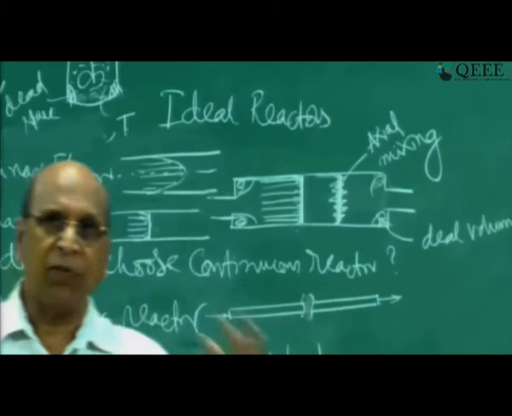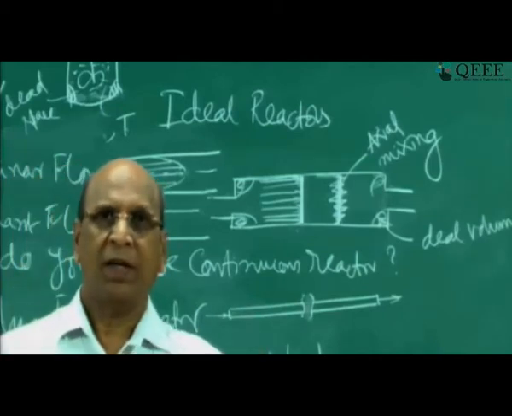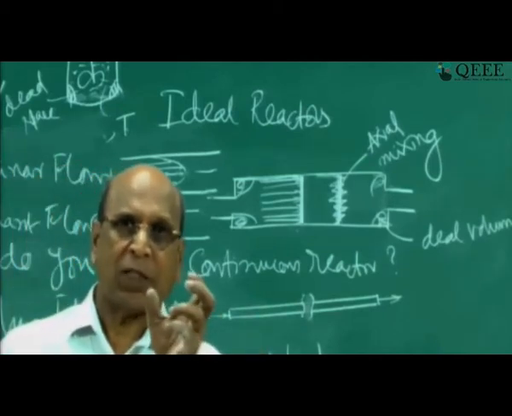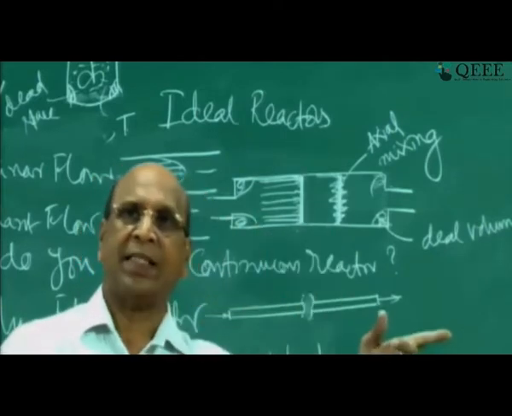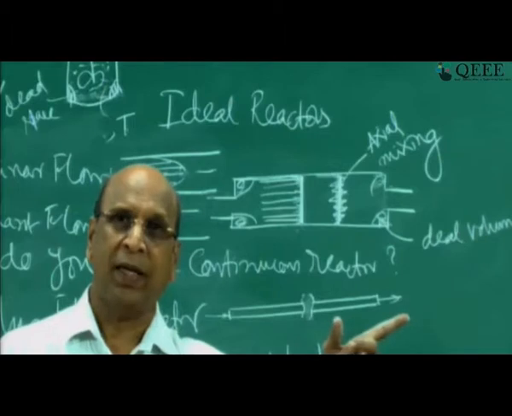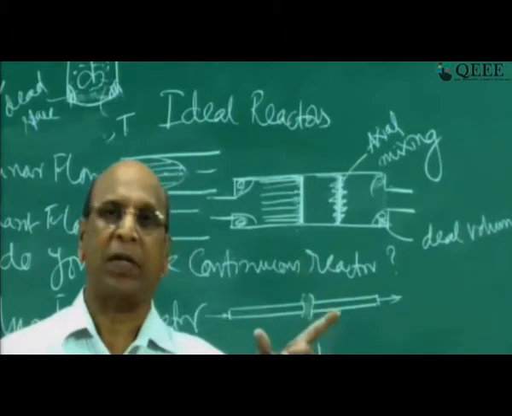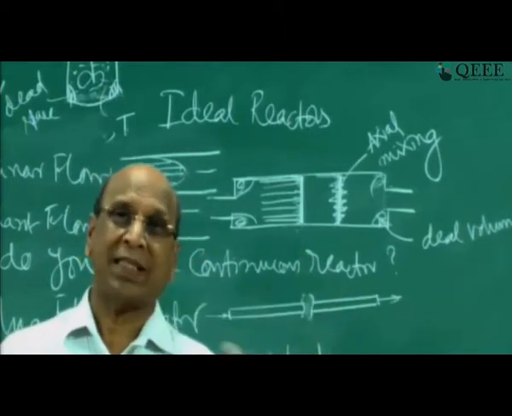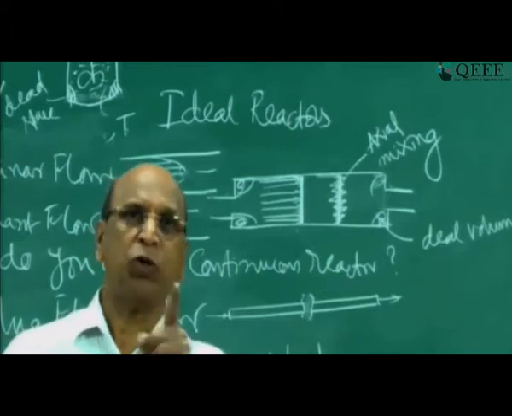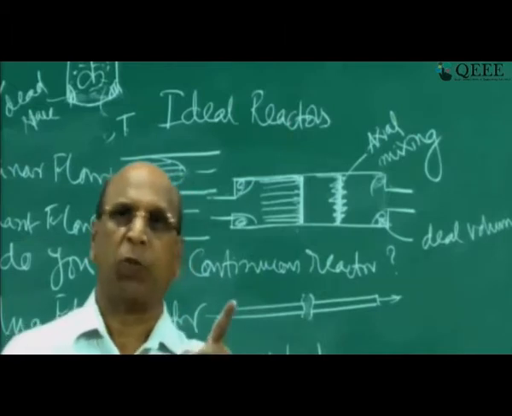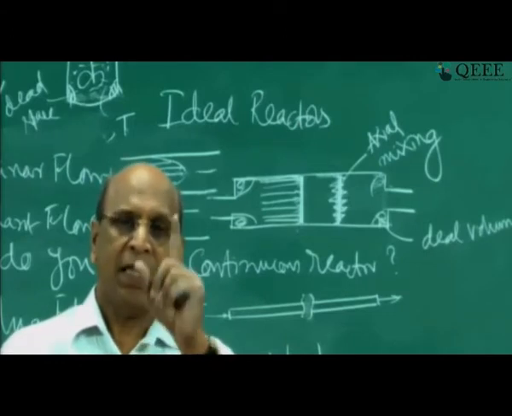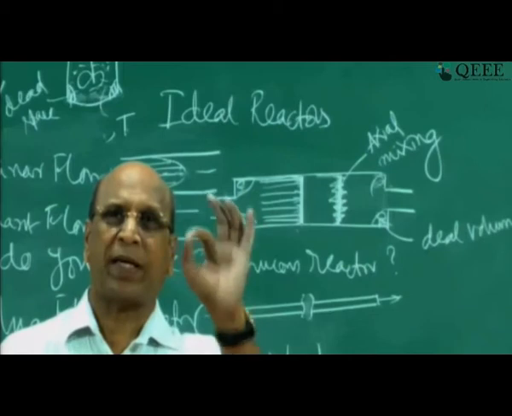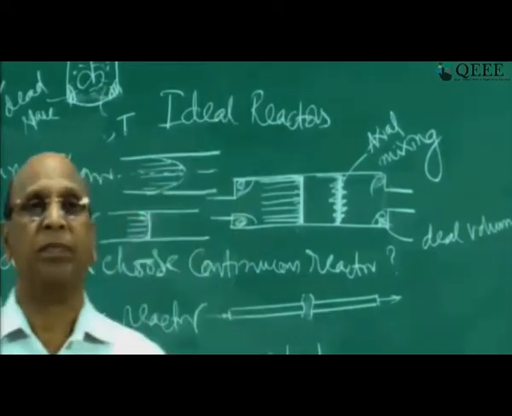I started by giving the profile first, just so that you are comfortable, because the profile you know. With that I have now brought you to the condition that each and every particle must spend exactly the same time. But if someone asks you the definition of plug flow, what you should say is not flat velocity profile, but that in a plug flow each and every particle spends exactly the same time. That is the definition.